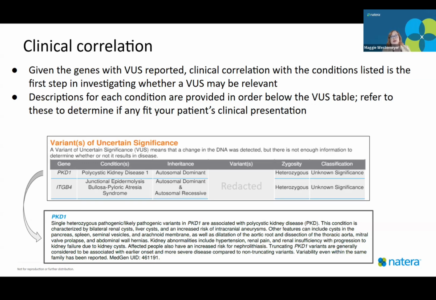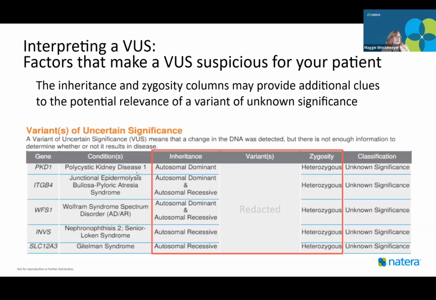I recognize that can be a challenge because there are going to be rare disorders reported on a broad gene panel. So it's a matter of asking, do these features really match my patient or not? If they do not, it may be okay to move on and not spend much time thinking about that VUS. Whereas if they do clearly match, and if a patient has two VUS in a recessive gene with that condition that clearly matches, it may be worth contacting the laboratory.